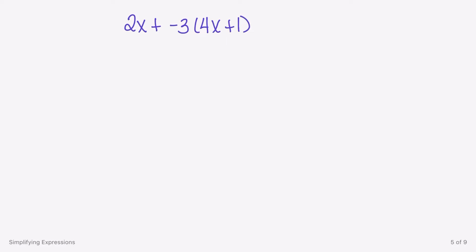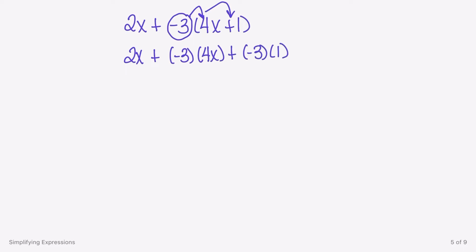So now I'm going to distribute this negative 3. That's going to give me 2x plus negative 3 times 4x plus negative 3 times 1. So that's going to give me 2x plus negative 3 times 4x, which is negative 12x, plus negative 3 times 1, which is negative 3.